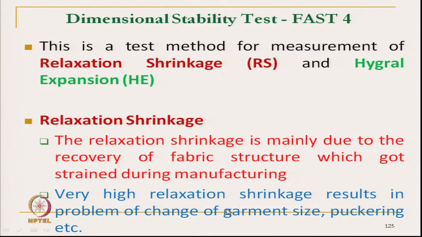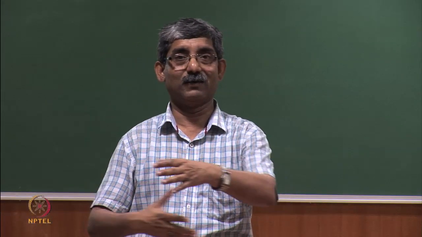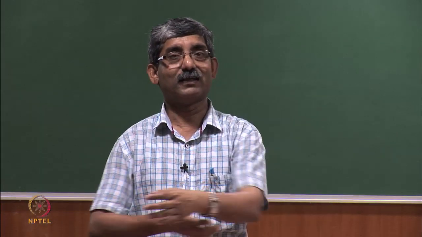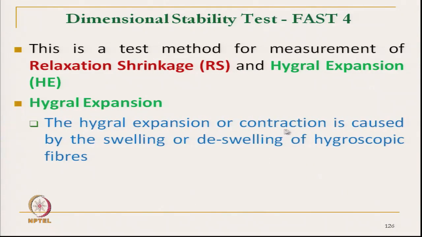It also gives different types of tactile sensation. If the fabric is highly relaxed, then it will give a higher pressure sensation. So, this is a test method for measuring the relaxation shrinkage and hygral expansion or contraction. It may be of two types, depending on the fabric, caused by swelling or deswelling of hygroscopic fiber.